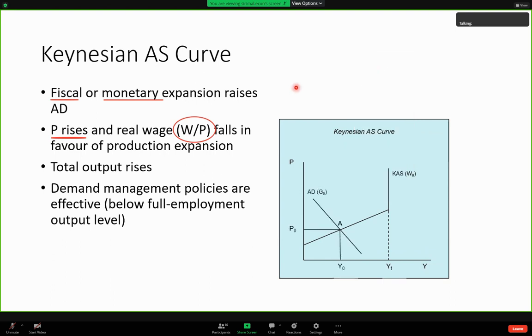We have aggregate demand, so the equilibrium point is at A. If there is an increase in aggregate demand, we shift the aggregate demand to the right. For example, we took here fiscal expansion. You can see it is G0 here, but G1 here.